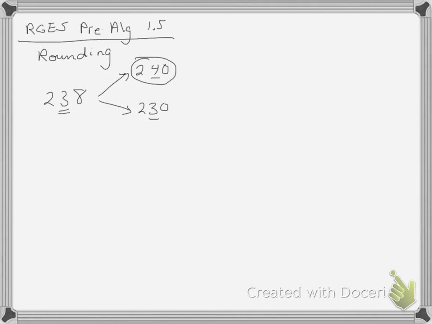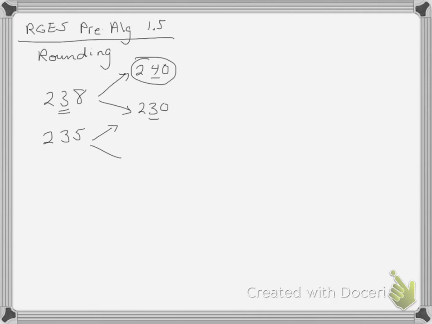So that is really all we're doing when we're rounding. Now, there are a few rules I can use to round very large numbers so as not to get confused, but that's the basic concept. Let me talk about one more. What if I had 235?